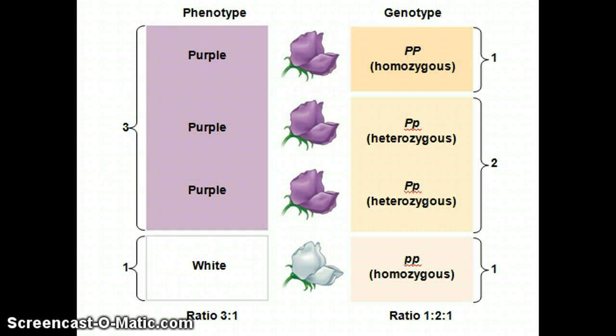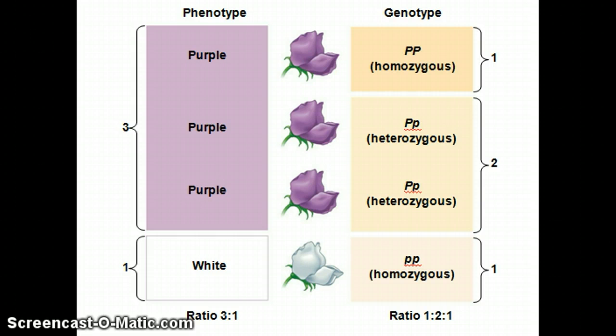Another thing to remember is the difference between phenotype and genotype. Genotype is what the actual genes are, what the alleles are, and we often signify it with letters. There are some other ways to represent the different alleles, and we'll look at that example too.